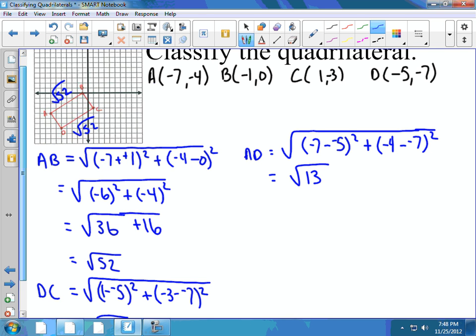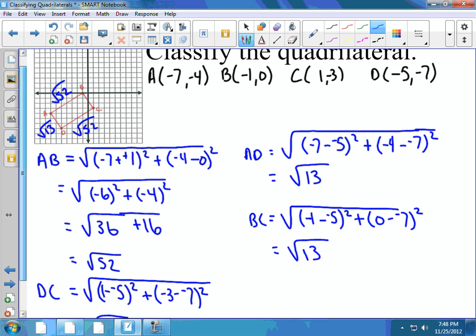So mark it on my picture. And then last side, BC, that's going to be -1 minus -5 squared plus 0 minus -7 squared. Once we simplify this, we end up with the square root of 13.